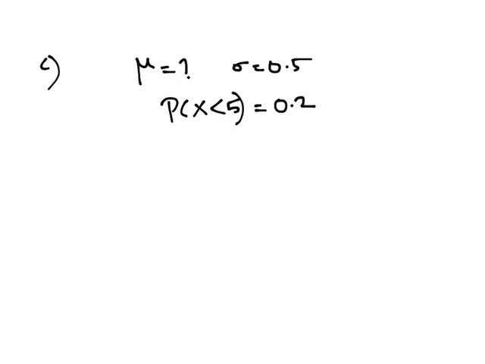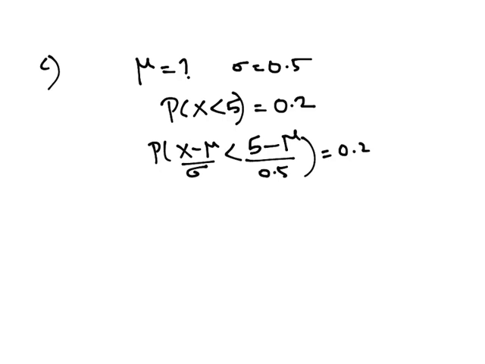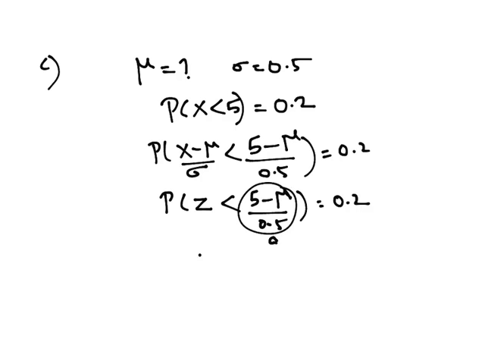P of (x minus mu) by sigma is less than (5 minus mu) by 0.5 equal to 0.2. That means P of z less than (5 minus mu) by 0.5 equal to 0.2. Now I can take this as say some a. So P of z less than a equal to 0.2.